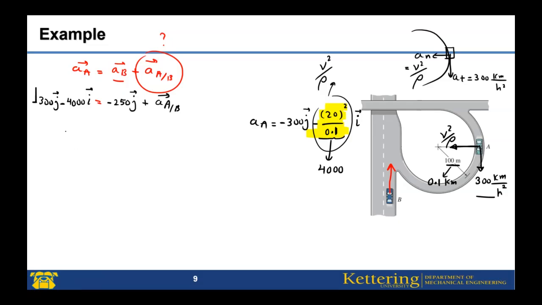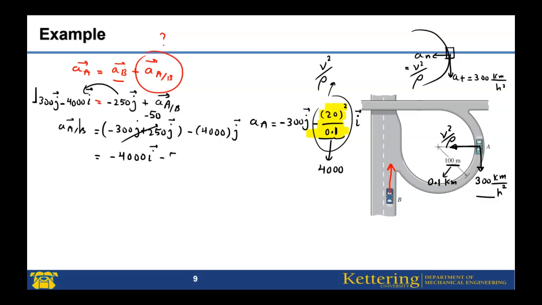Now, we can find the acceleration of the A with respect to B. How? I bring this one to the left. Means that minus 300j plus 250j minus 4,000i, or just change the order. This one is minus 4,000i, and this also will be minus 50j. This is the acceleration of the A with respect to B: minus 4,000i minus 50j.